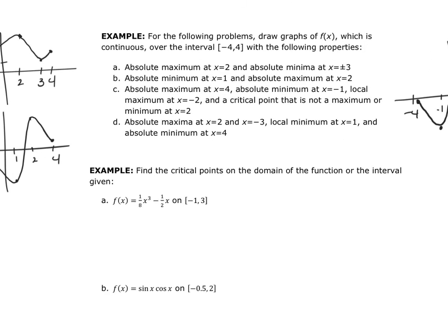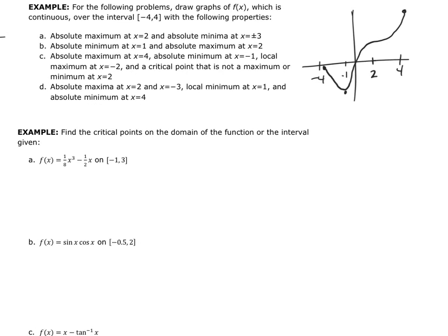Okay. Last one: an absolute maxima at 2 and at -3, a local minima at 1, and an absolute minima at 4. So using this information, from -4 to 4, I have an absolute maxima at 2 and at -3. So I'm going to go up to here.